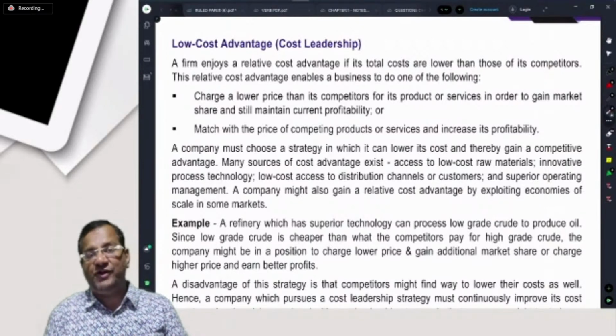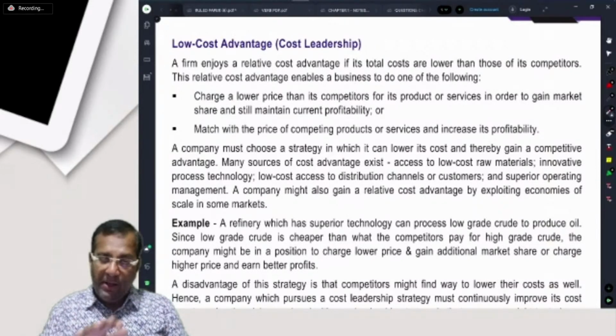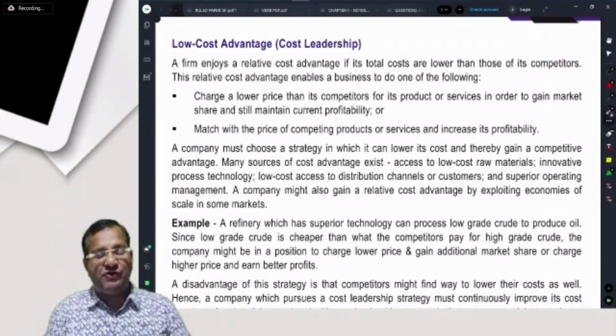They are providing the same product or quality, although not superior quality, although not an innovative product, but comparable quality as compared to the others.